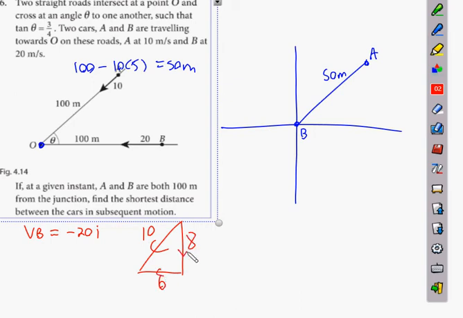So VA would have been minus 6I minus 8J. We then proceeded to do VAB, which is VA minus VB. Oh, sorry, opposite adjacent, you're right. That's opposite adjacent, the other way around. So, 6 and 8, so it's 8I minus 6J.